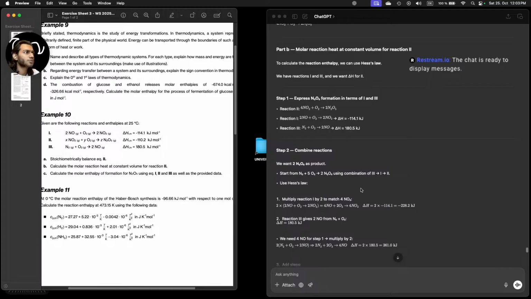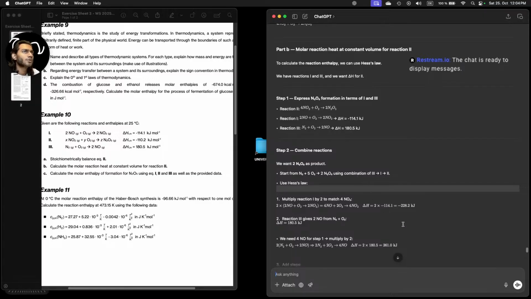Multiply reaction 1 by 2 to match 4NO2 and O2. 4NO2 plus 2O2 gives 4NO2.